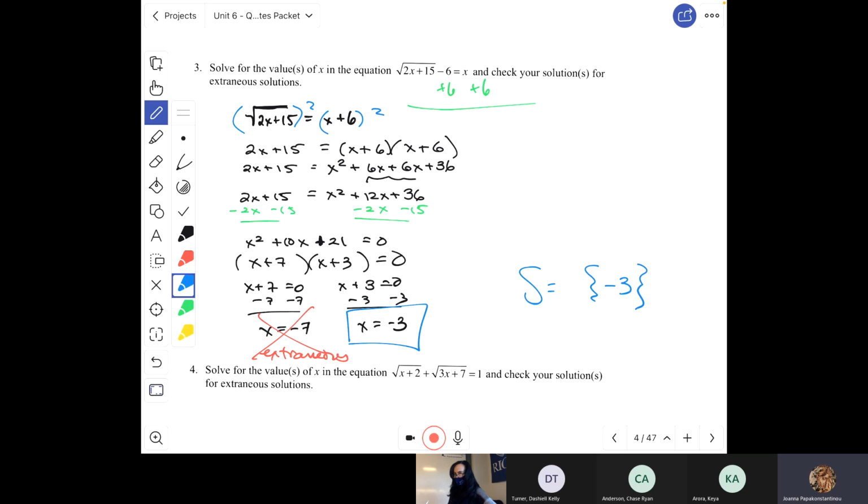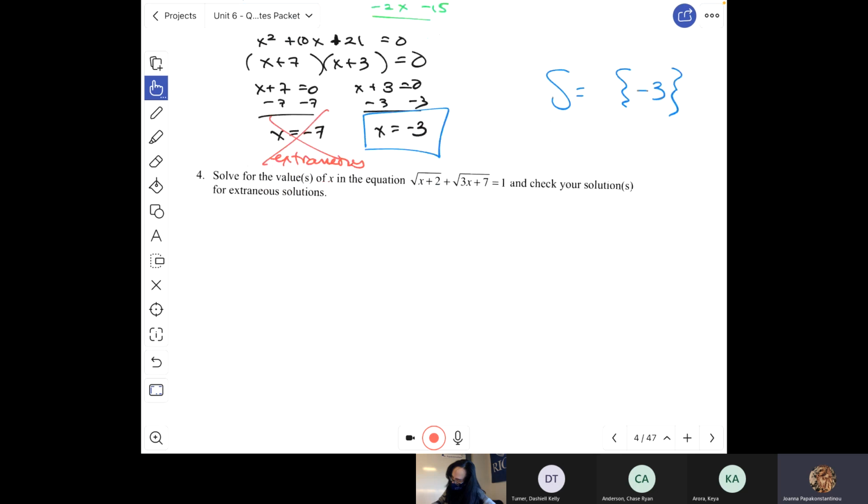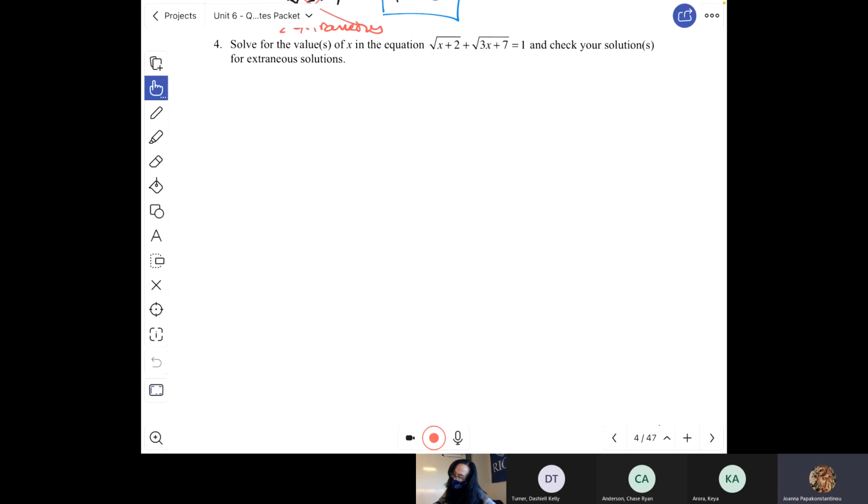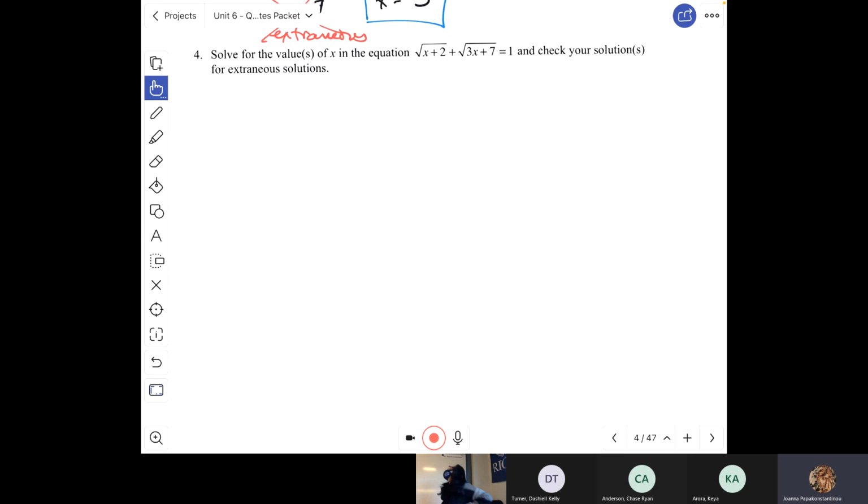These just keep getting better and better. Let's look at the next one. Oh my. I have 2 radical expressions on the left-hand side. Oh, but I have a 1 on the right-hand side. Yeah, but I would be foiling the left-hand side.